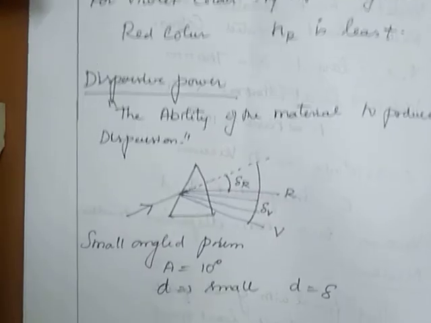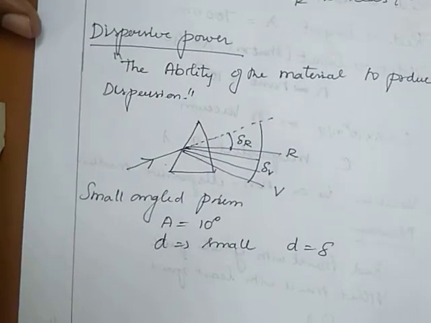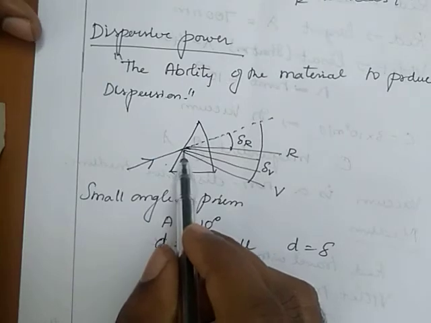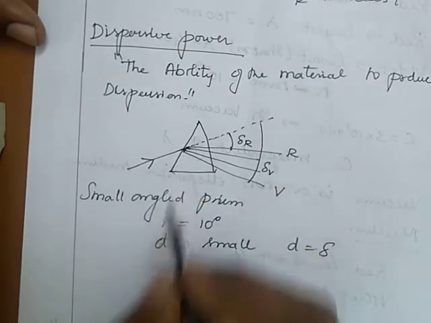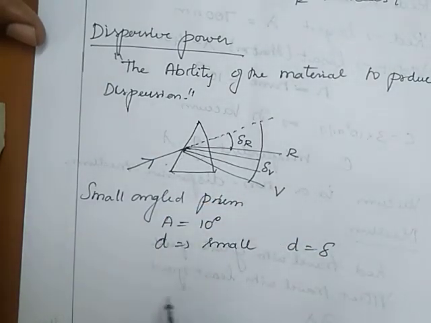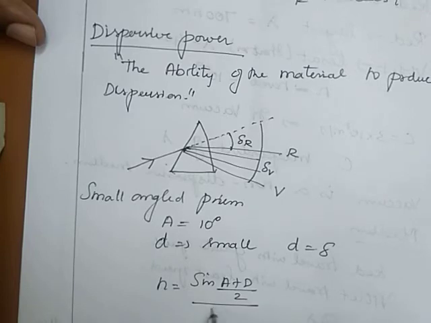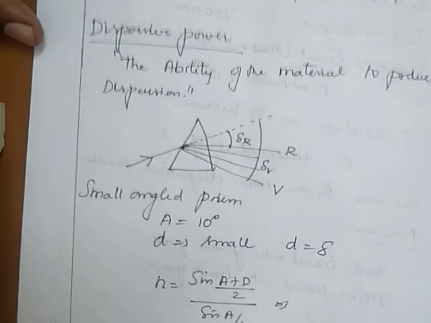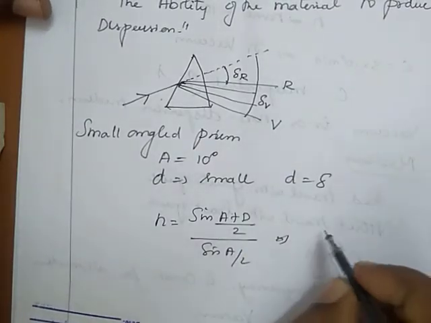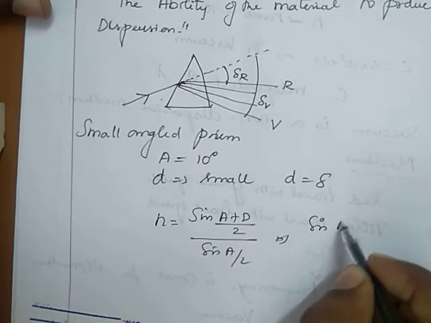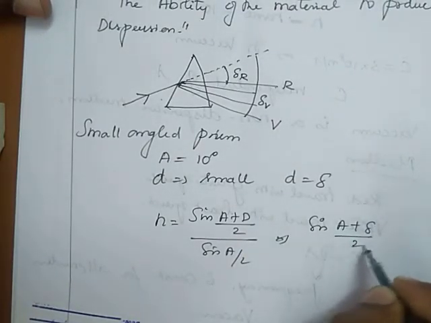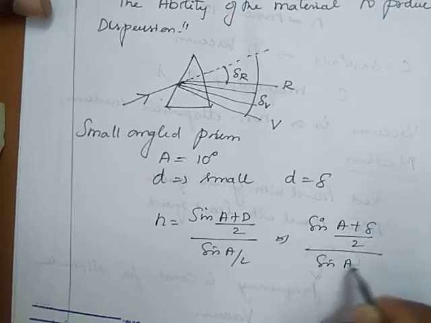Then we know we found that the refractive index of the material of the prism is n equals sin of (A plus D) by 2 divided by sin of A by 2. I am solving this as sin of (A plus delta) by 2 divided by sin of A by 2.